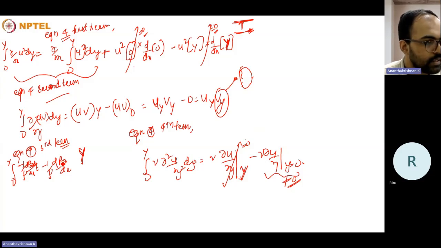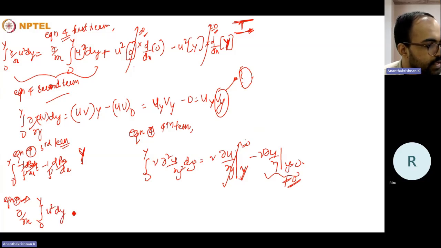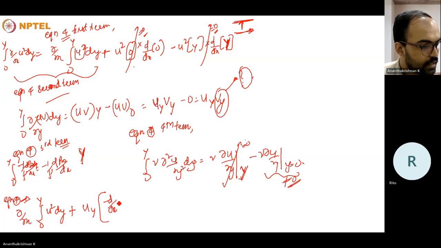And taking all these four, we can substitute in the equation to get the simplified value of the integral form of the momentum equation. So it will be dou by dou x of integral of 0 to y u square dy plus uy vy will become uy into the integral form of vy. So that will be minus of dy dx.